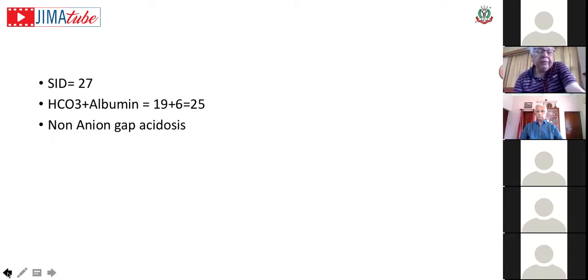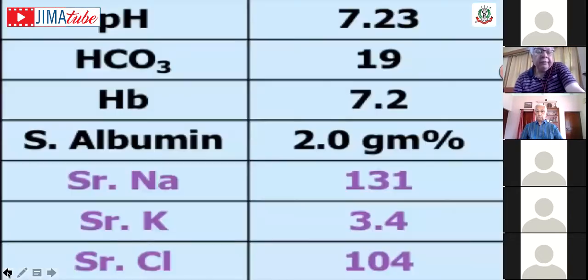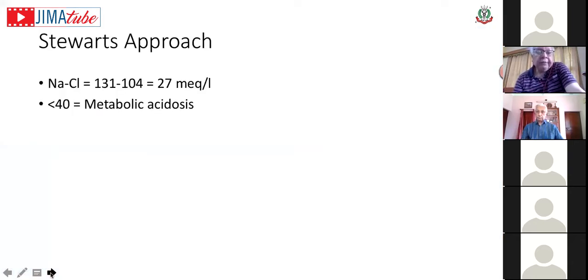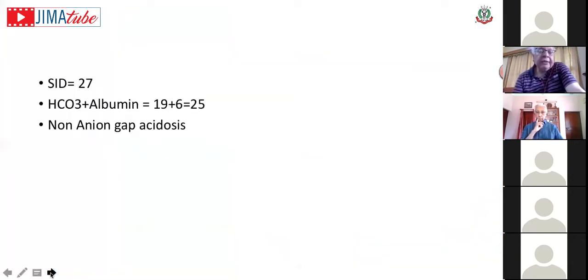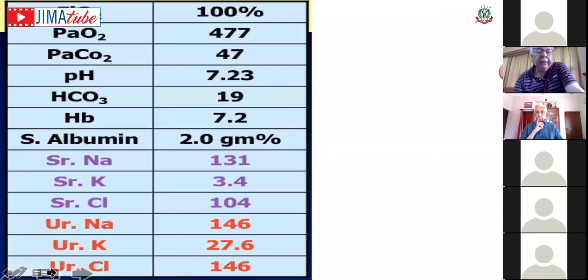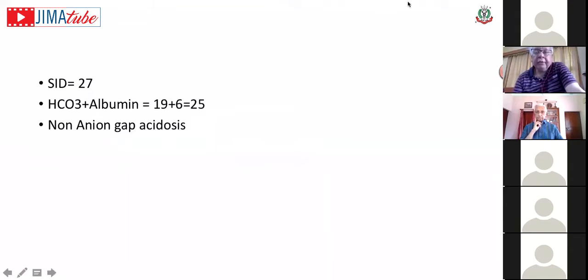So straight away, just by looking at the sodium, the chloride, and the albumin, I can say this patient has normal anion gap acidosis. Okay. So now the question comes, why does this patient have non-anion gap acidosis? Why does this patient have non-anion gap acidosis?